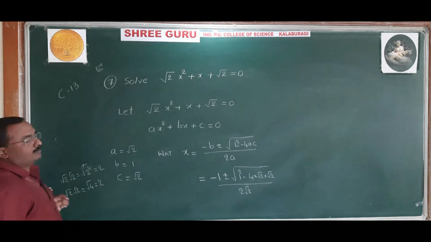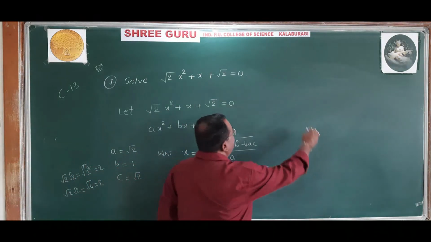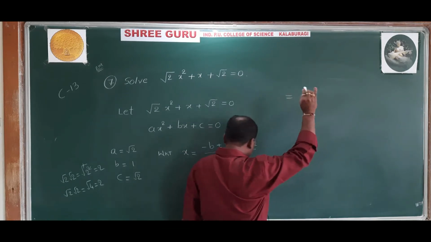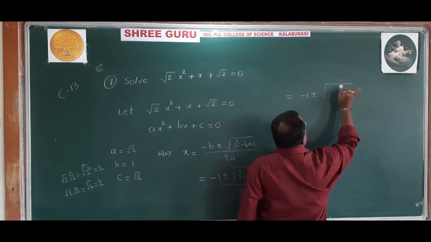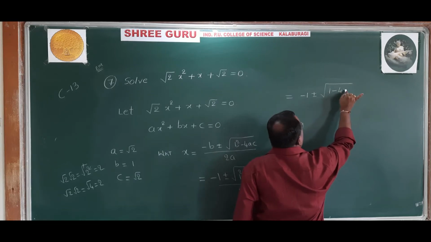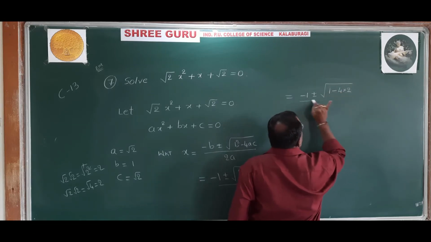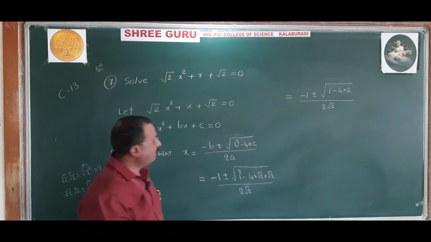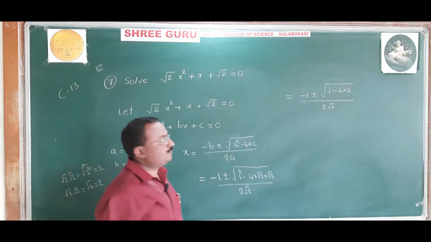This is equal to minus 1 plus or minus square root of 1 minus 4 into 2, divided by 2 root 2. Root 2 is what? 2.